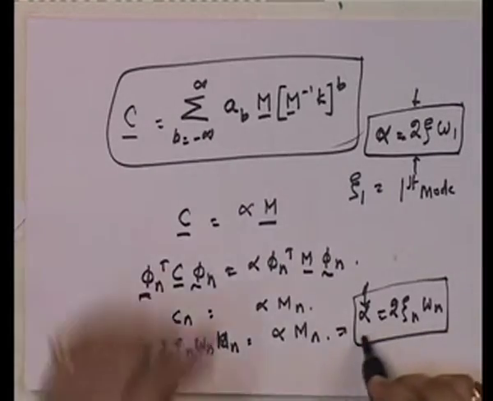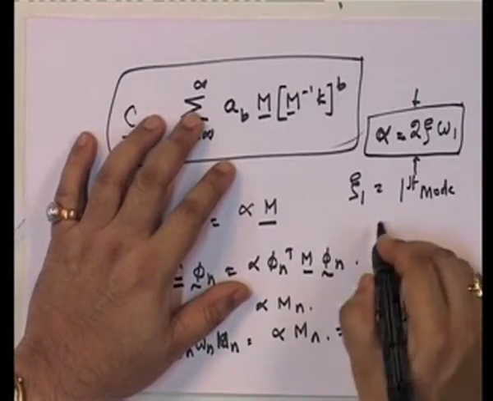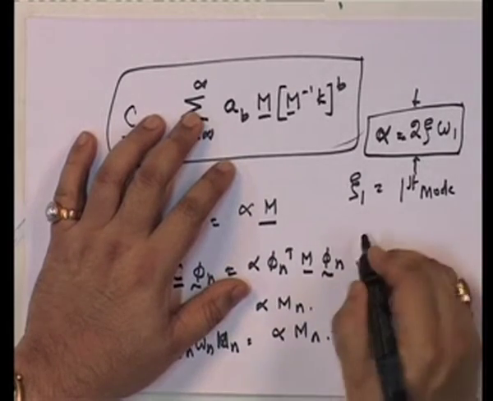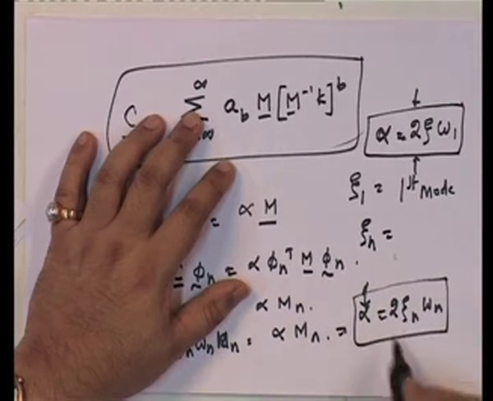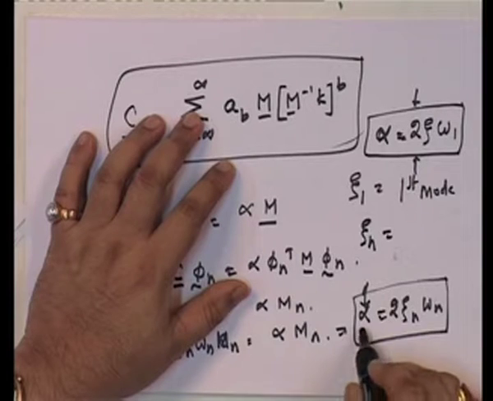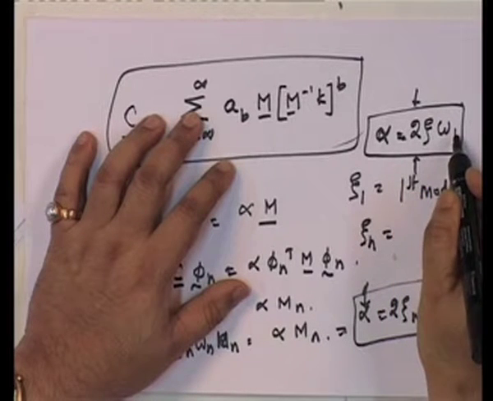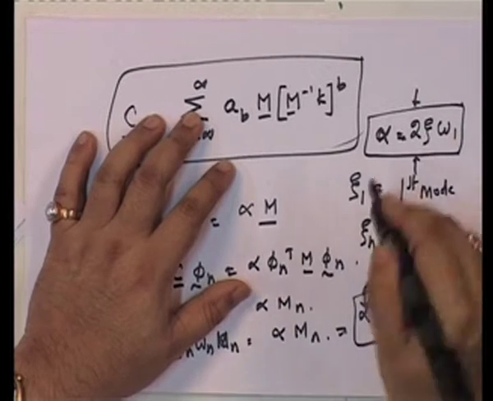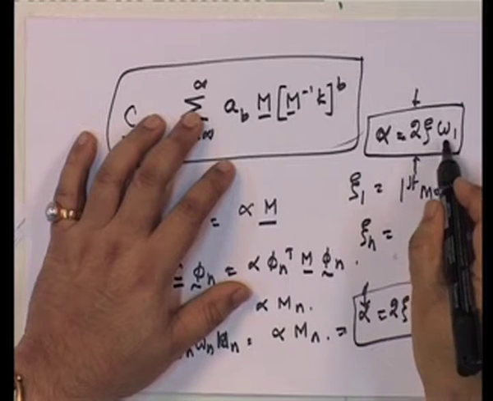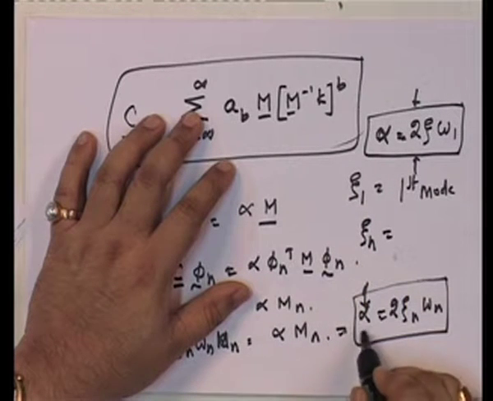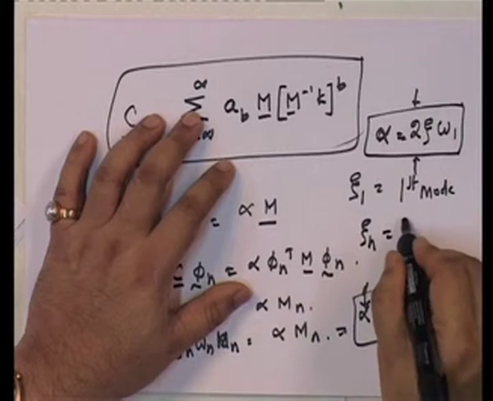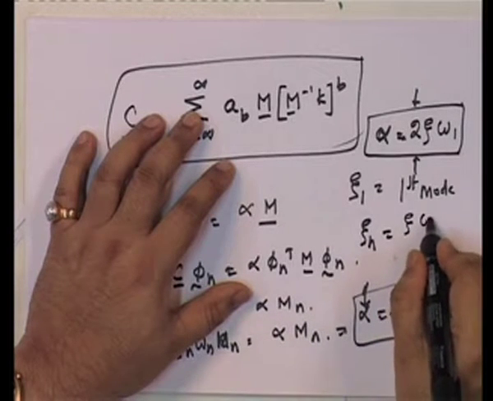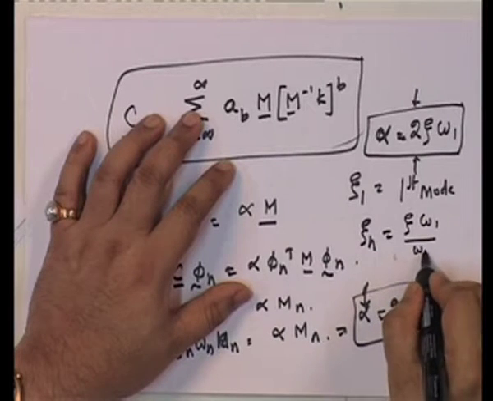Now, if I look at some other mode, what would be my xi n? Alpha is equal to 2 xi omega n, the 2 and 2 cancel, and xi n would become xi omega 1 upon omega n.